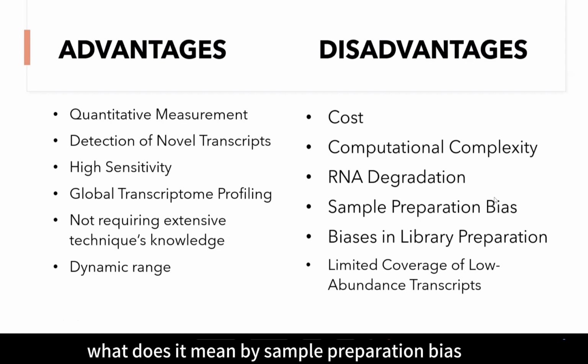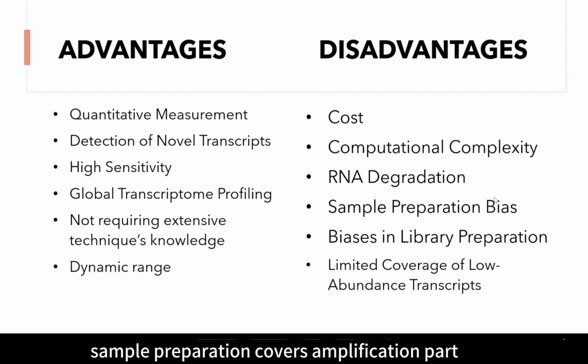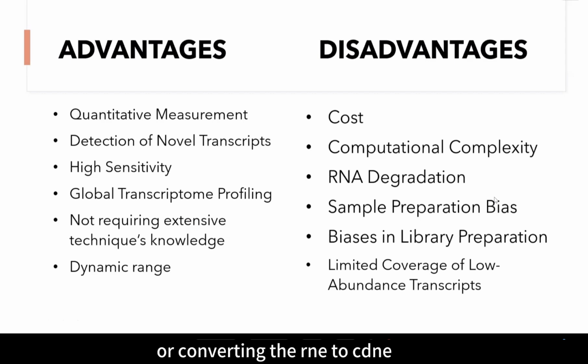Anyone wants to add? What does it mean by sample preparation bias? The sample preparation covers amplification part or converting the RNA to cDNA. Sorry, I cannot hear you. Come again? Does the sample preparation involve the conversion of RNA to cDNA?